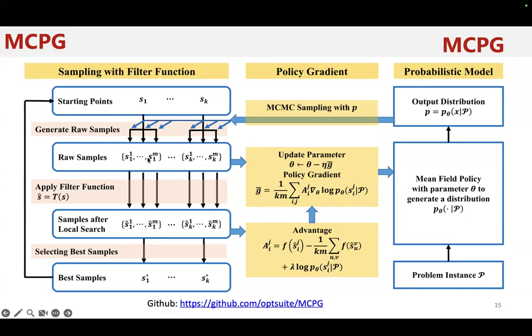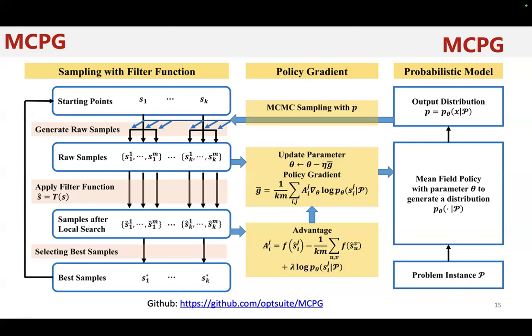Of course, at this stage you can also update the advantage function and the gradient, but from our experience the performance is not very good. Why? Because with sampling, the diversity of samples can be ensured, but we do not control the quality. Quality means how large the objective function values are.